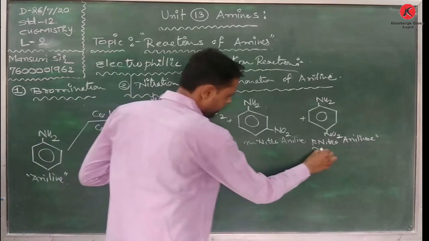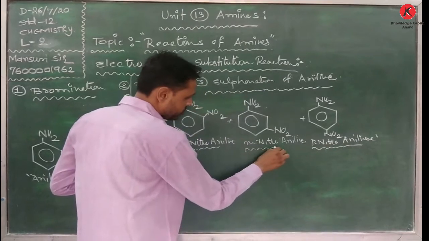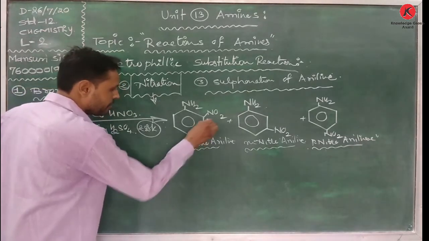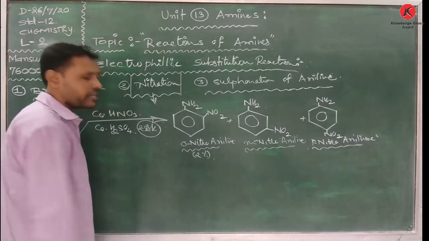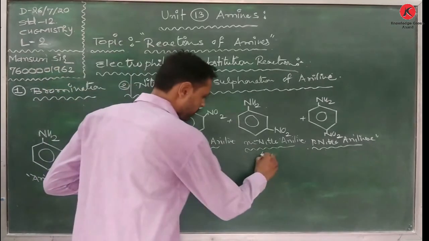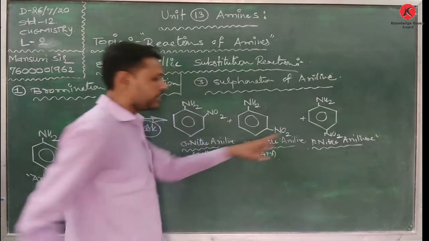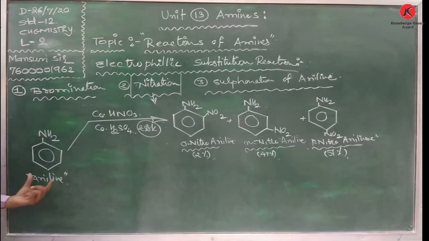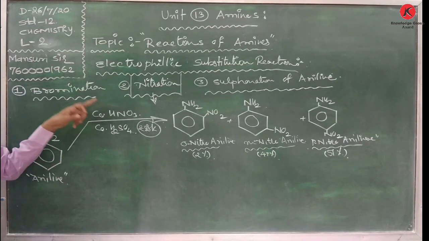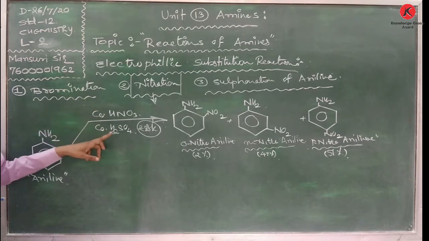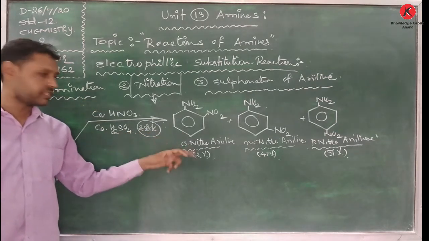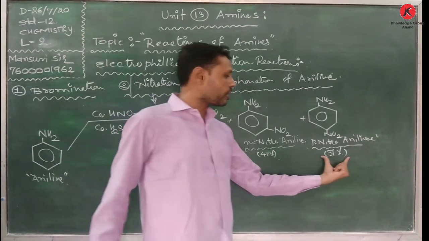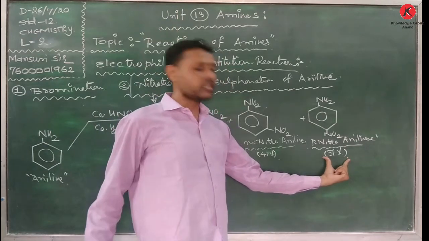O-nitroaniline, para-nitroaniline and meta-nitroaniline are obtained. Here this product will be a minor product because it is obtained by 2%, this by 47%, and this by 51%. Here we can say that aniline reacts with the mixture of concentrated HNO3 and H2SO4 at 288 Kelvin temperature, then O-nitroaniline, which is minor, and P-nitroaniline, which is major, are obtained.